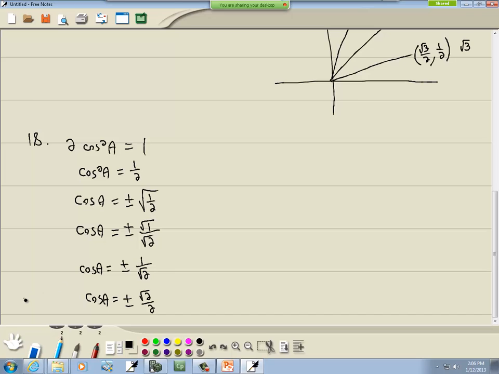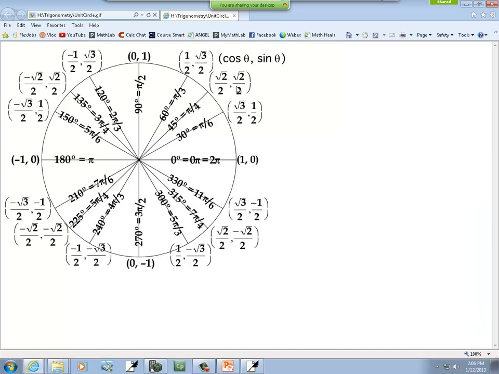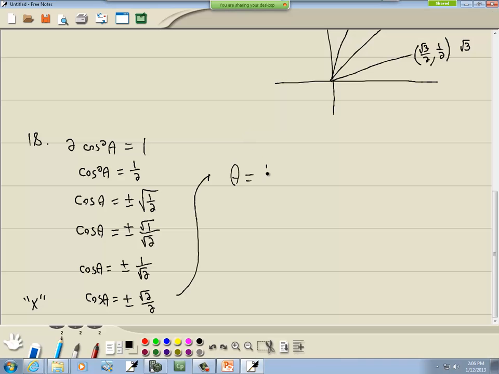Now remember, from our unit circle, cosine is x. So if I go around, I'm looking for where x is equal to positive square root of 2 over 2 or negative square root of 2 over 2, which is 4 places. Here's one place where x is square root of 2 over 2, so pi over 4.